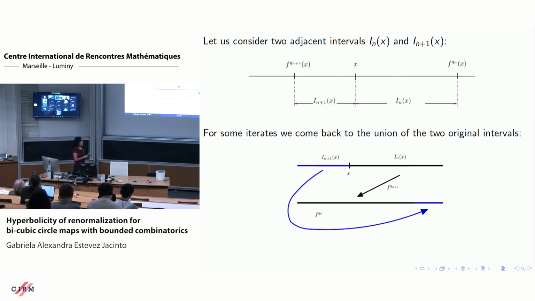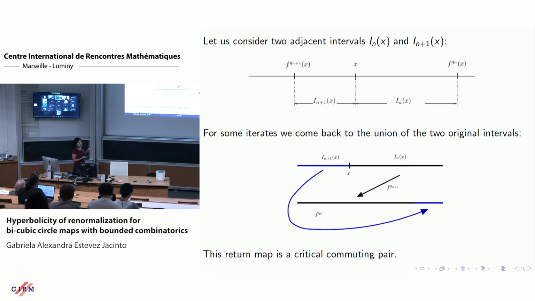So if you have another critical point, for example, if this X point is a critical point of your map, since the iterates of these 2 maps cover the circle, that critical point will be in an image of the blue interval or in an image of the black interval. Or equivalently, you will have a pre-image of the other critical point inside this black interval or inside this blue interval. Okay? And this is how we define renormalization.